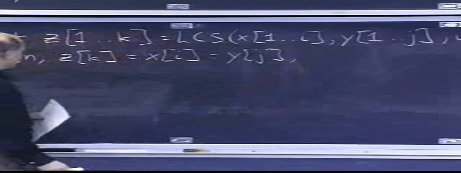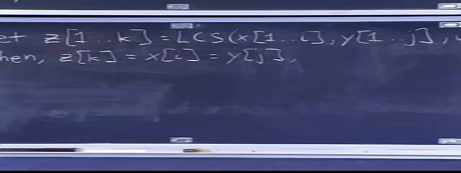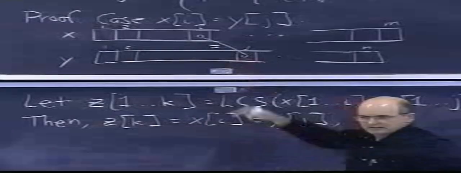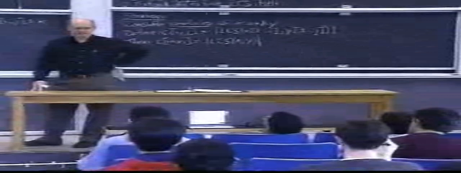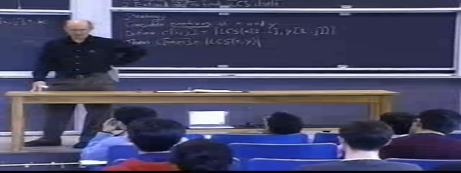Why is that? I claim the last element, if I have a longest common subsequence and these two match, the last element must be that matching element. Why is that? Yeah? If it doesn't include that one, then you could add that one onto the longest common subsequence, and that would be longer. Right. Okay?